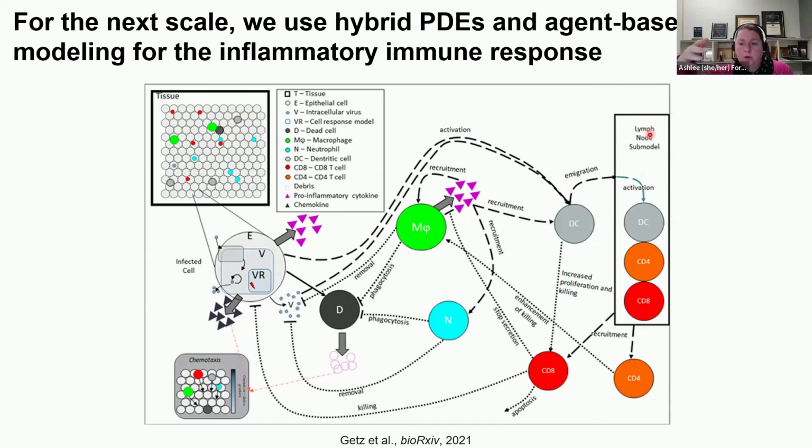So the lymph node is where a lot of immune cell replication and recruitment happens and then comes back into the target tissue. So we've included lymph node activation and the populations of these different cells that then come back into the tissue to respond to infection.